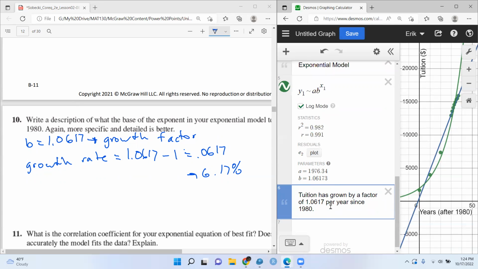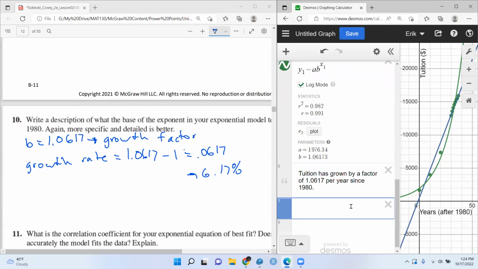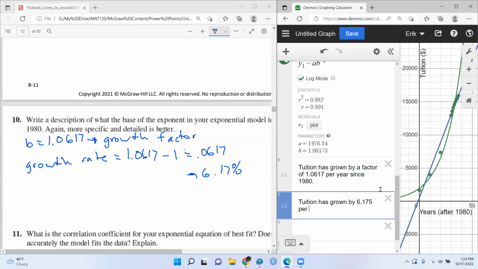Or we could say tuition has grown by 6.17% per year since 1980. Either one, they mean exactly the same thing.